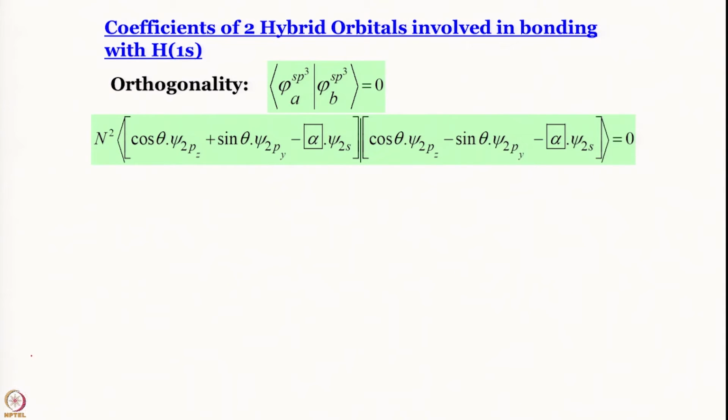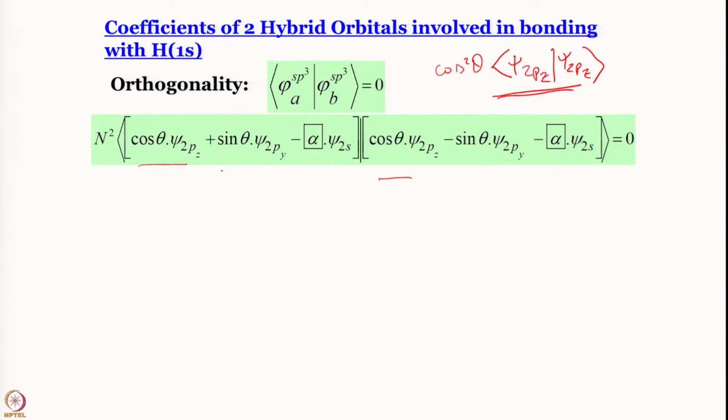Because we know that when we open the bracket we are going to get terms like, suppose I take this and this, what will I get? Cos square theta integral psi 2pz over all space. Now this is normalized, so this is actually going to be 1.